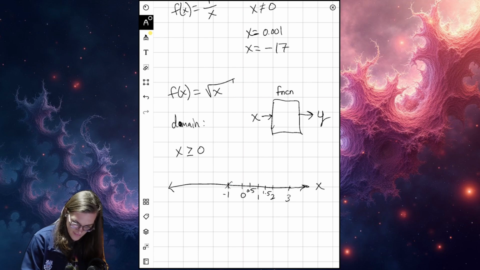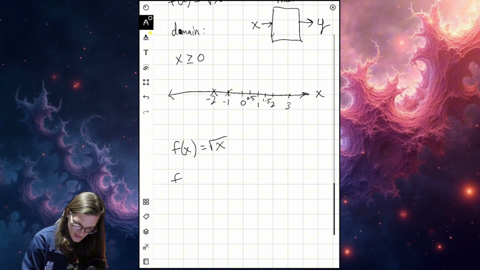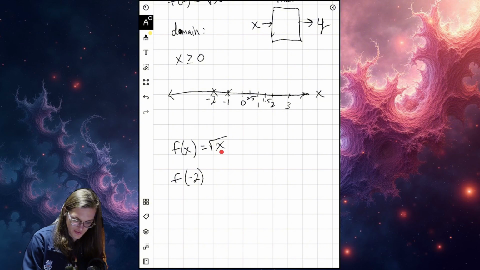You can't have a negative number, at least when we're talking about real numbers, going into this function, because if we put a negative number in, so f of x equals square root of x, if we put a negative 2 into that function, then f of negative 2 would equal the square root of negative 2, which when we're talking about real numbers doesn't have a solution.